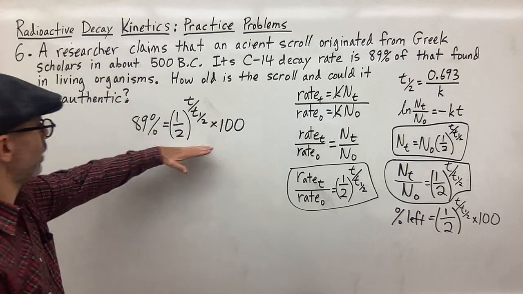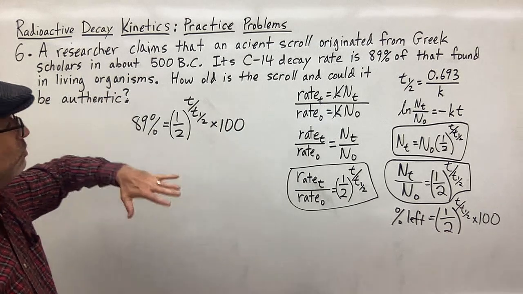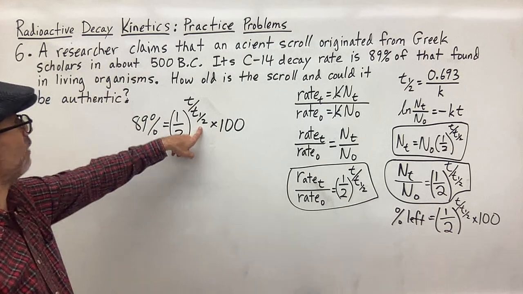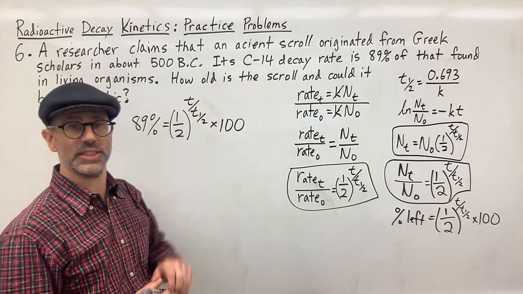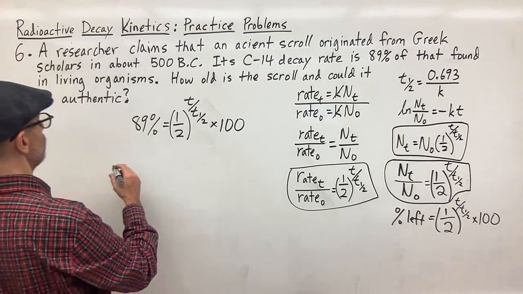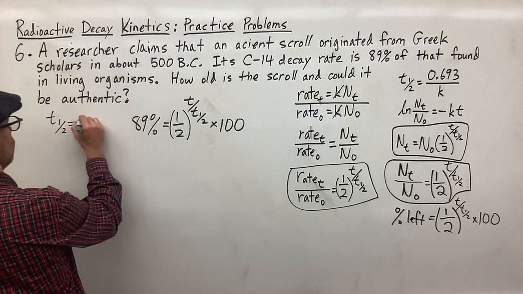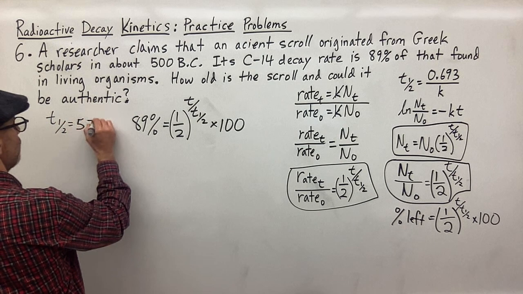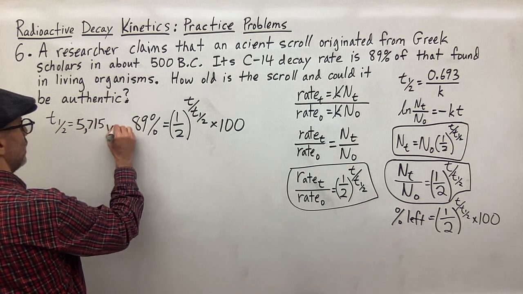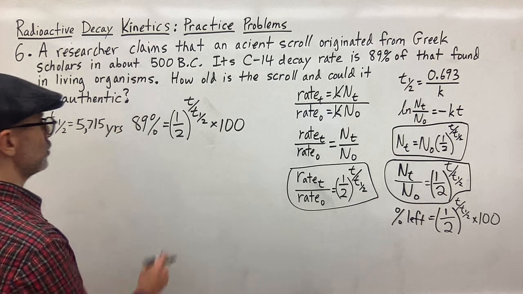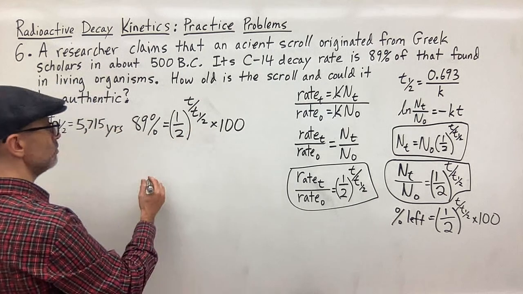So that's our equation. So we know the half-life because we're dealing with carbon-14. So the half-life of carbon-14, t 1/2, is equal to 5,715 years. So we could plug that into here.